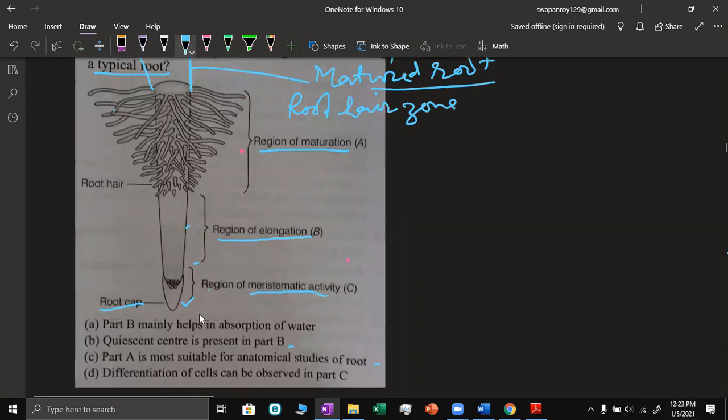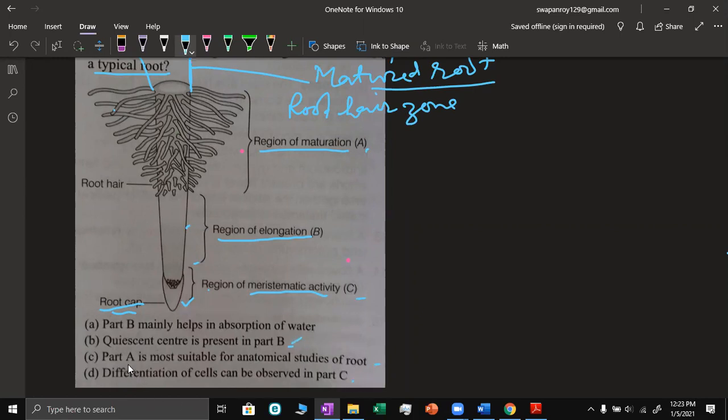See here, part A, part B, part C. Part A is the root hair zone. Part B is the zone of elongation, and part C is the meristematic zone. The root cap has not been given any part. Of course, maybe this also may be marked as a part D, but the question is with the parts A, B, C. So which one, particularly part B and C?